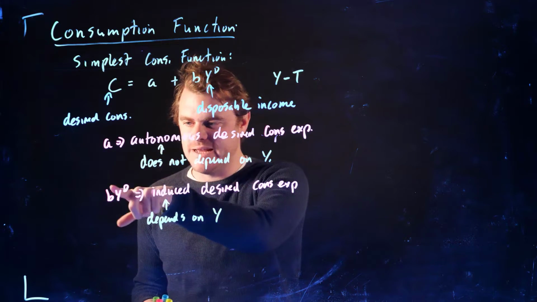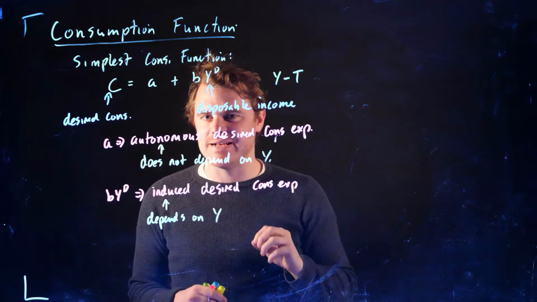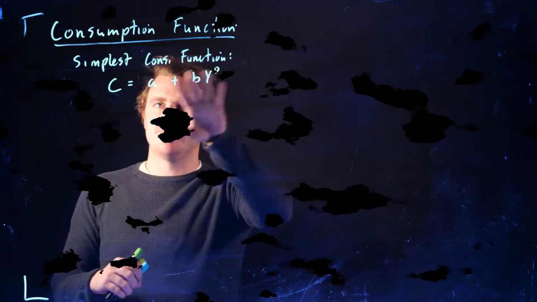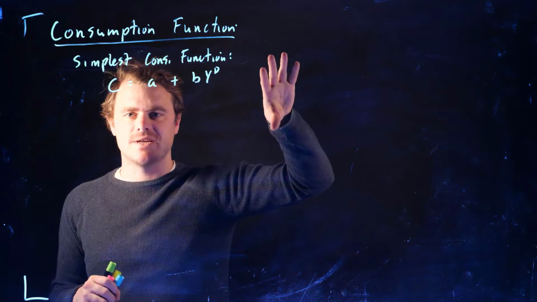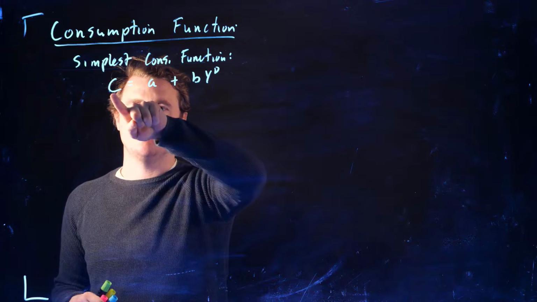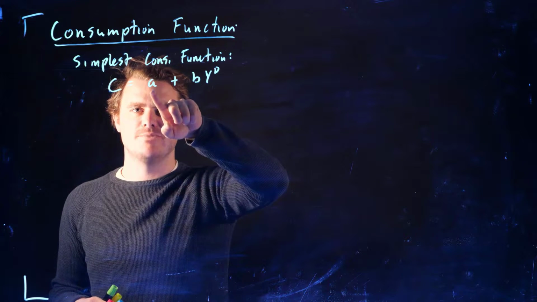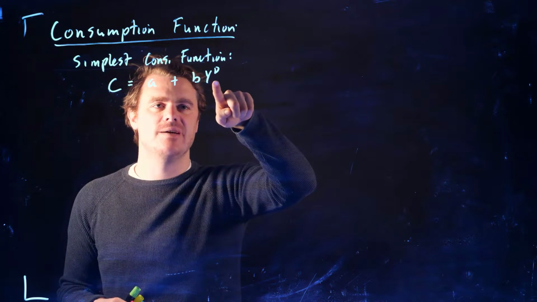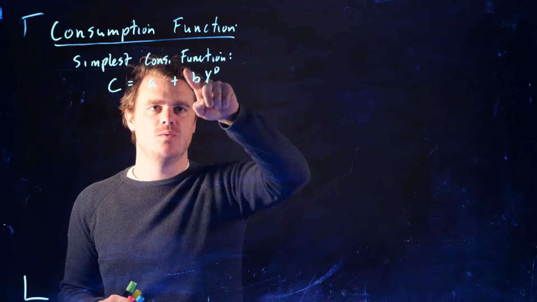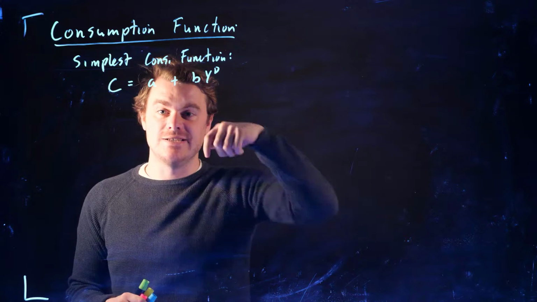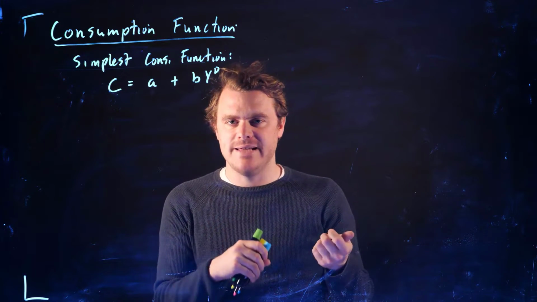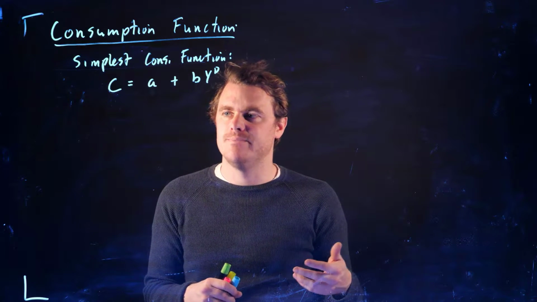Maybe we can get into a bit more detail about what this B stands for and what we're going to call it. So we've introduced this idea of the consumption function. We have the desired level of consumption equals autonomous consumption, denoted by A, and a second term, B times disposable income, where this whole term is induced consumption expenditure, or consumption expenditure that depends on the level of national income.